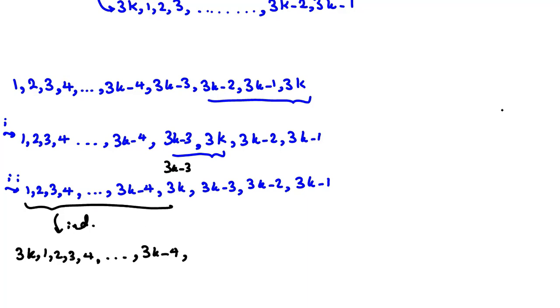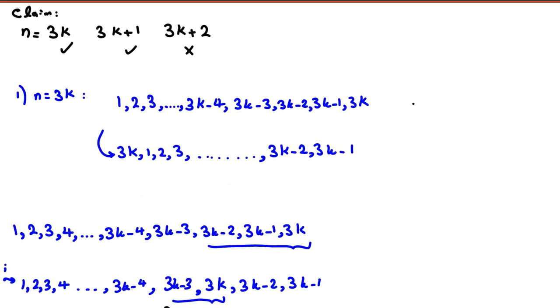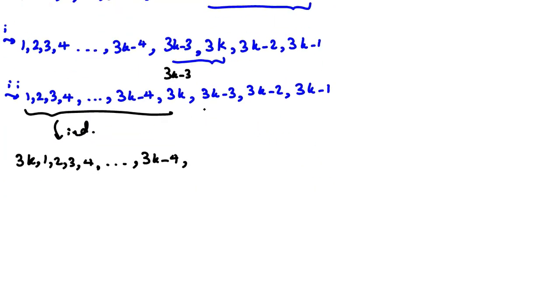So we've used 3k minus 3 and reached 3k. In the base case, you checked 2, it was not possible, then 3, and because we want to only prove the things we want for case 1, you need base case 3. And so 3k minus 4 and the rest, or 3k minus 3, 3k minus 2, 3k minus 1. So we prove the first case by induction.